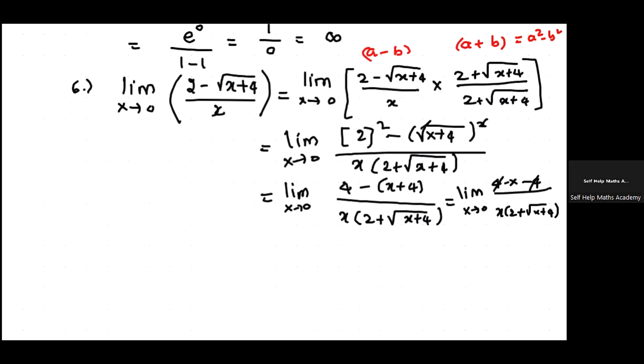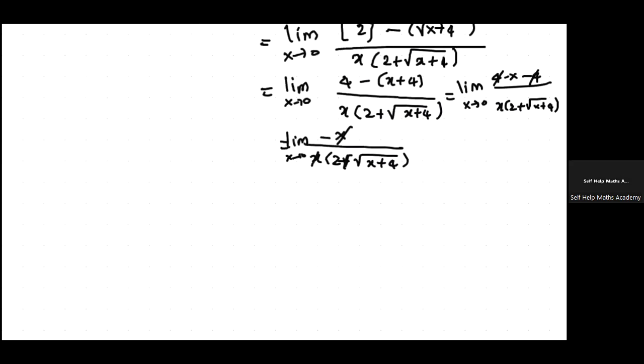You have minus x upon x into (2 plus square root of x plus 4). So this x and x also we can cancel. When you cancel this, you're left with negative 1 upon the limit as x tends to 0 of 2 plus square root of x plus 4.